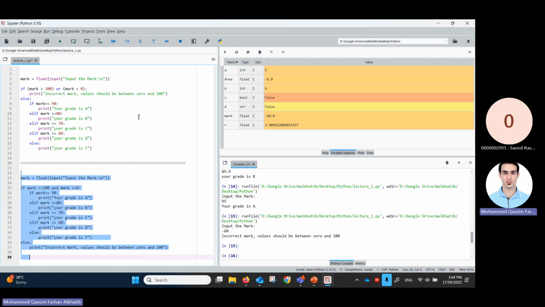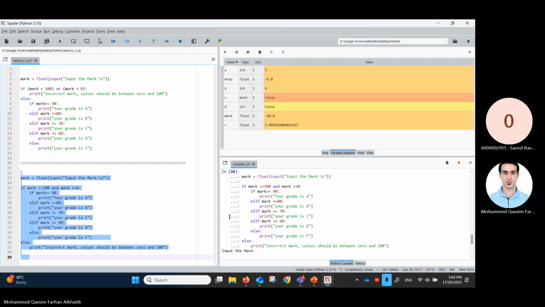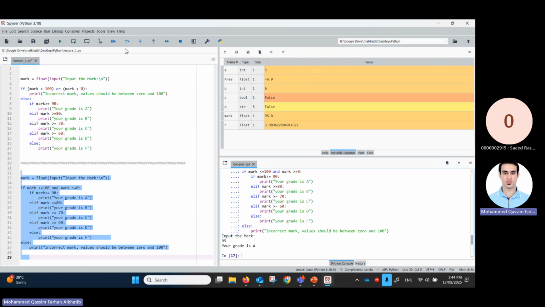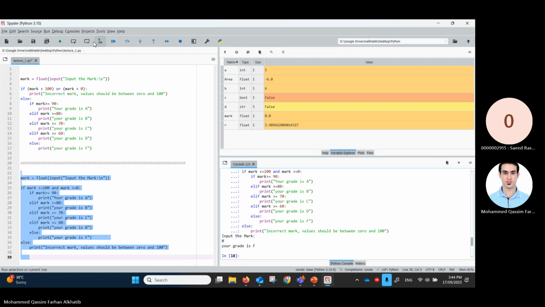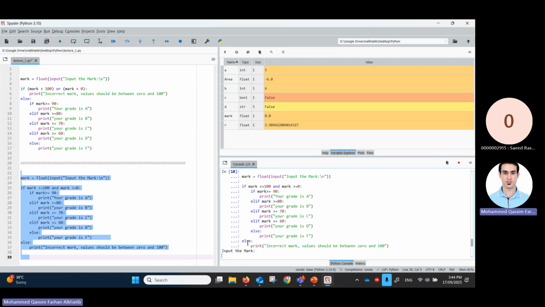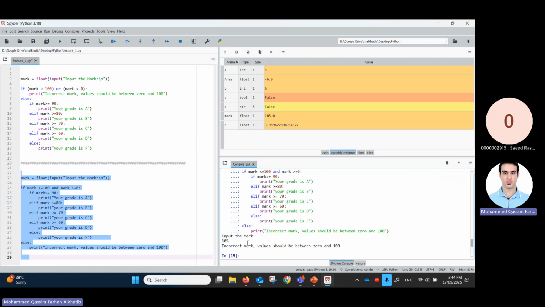And hopefully it will work. So input mark, let's say with the 95, it is A. 0 should be F. 105 and correct mark values. So you have seen that there are two ways to solve the very same problem.